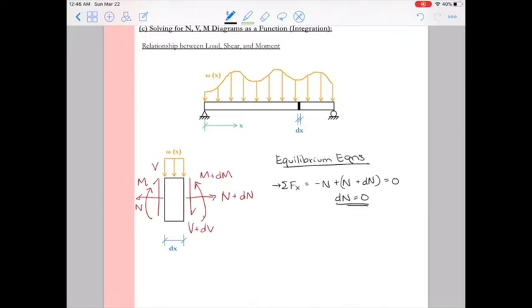And what that really means is that the transverse load function, omega of x, doesn't really change anything about my axial forces. And so I see that really the only thing that omega of x has a contribution to is the change in shear and then also the change in moment.